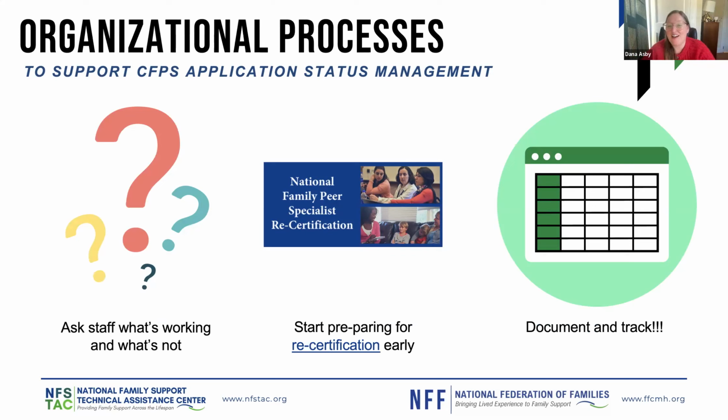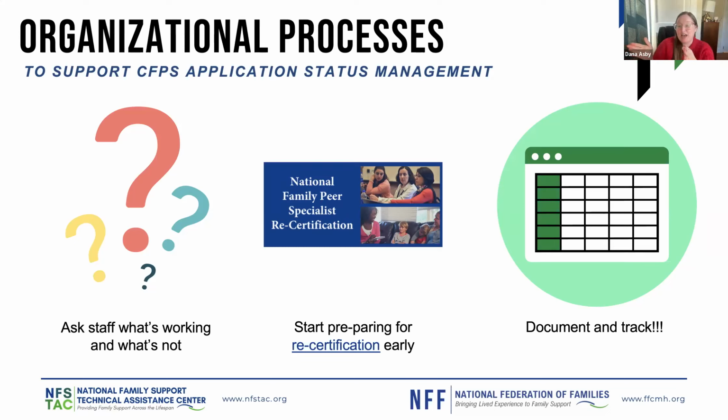Another thing I recommend is to make sure that once a family peer gets certified, they know that they're certified for 3 years, and that they need 44 hours of training to recertify. It's helpful to start that new training documentation form early again for those same reasons.